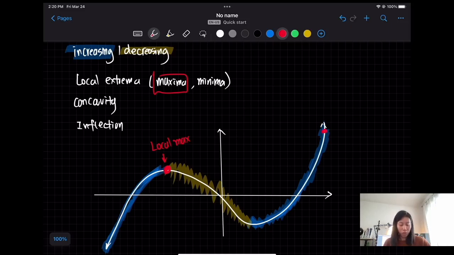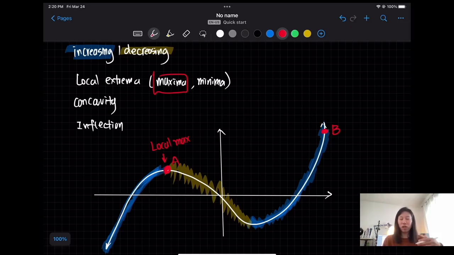If you look at point A and point B, point B is definitely bigger than point A, right? But B is not a local maximum. A is the local maximum, because the definition of a local maximum is the graph changing from increasing to decreasing.